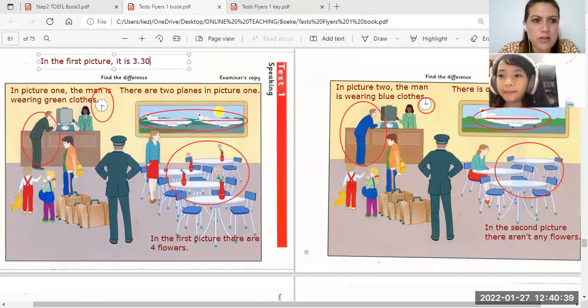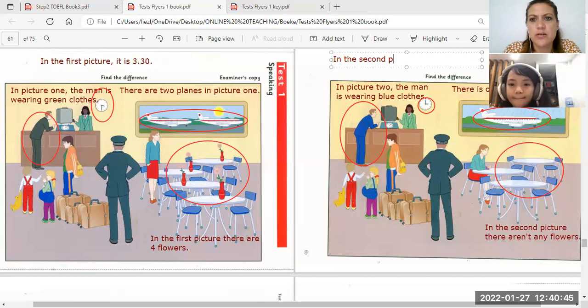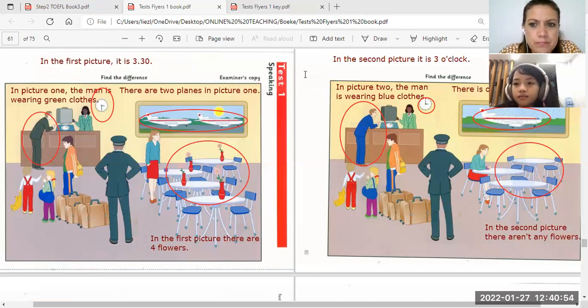In the first picture, it is 3:30. But in the second picture, it is 3:00. In the first picture it is sunny. In the second picture it is rainy.